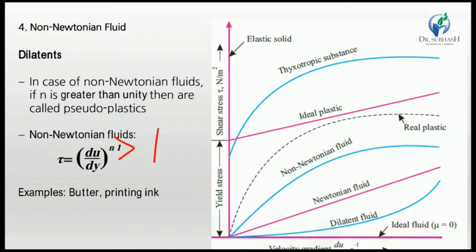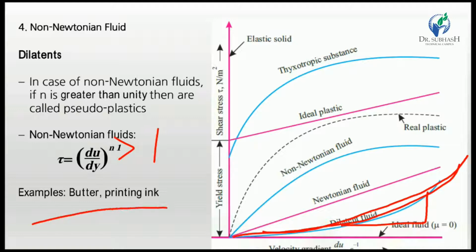Okay. So the dilatant fluid's line is shown in this graph, and n is the slope value, which is greater than 1. Okay. Examples of dilatant fluids are butter and printer ink. Okay.